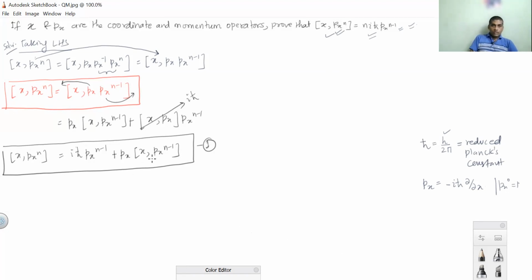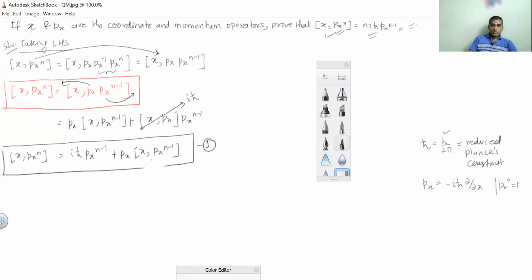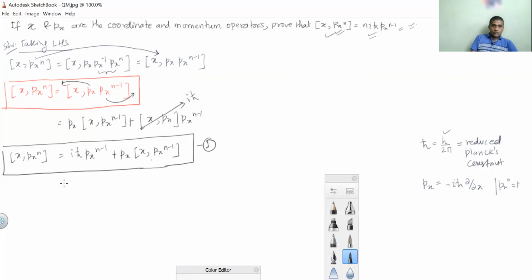Now let us simplify equation 1 further. We can write i h bar px power n minus 1 as it is, plus we have px and the commutation of x, px power n minus 1. px power n minus 1 can be written as px power minus 1 times px power n minus 1, and we know this product is 1.